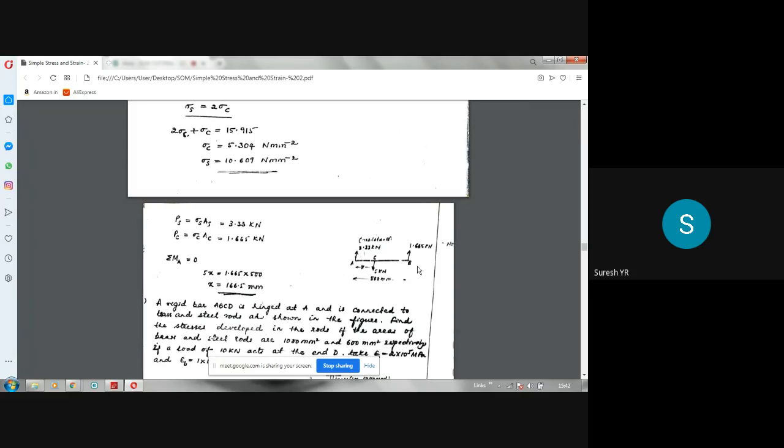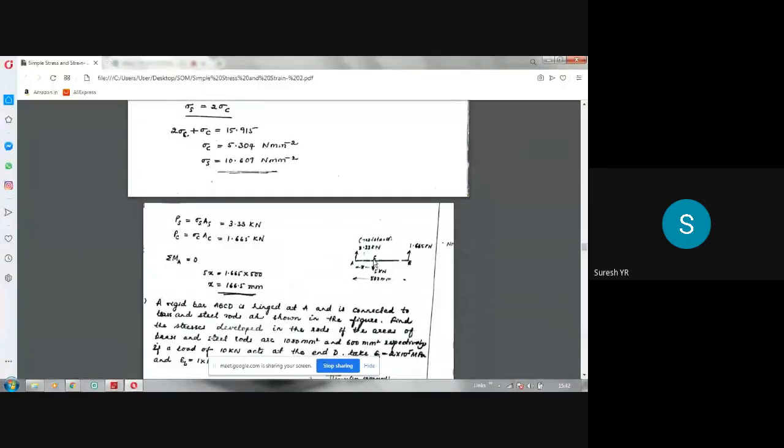In other words, the total clockwise moment and anti-clockwise moment should be equal. If you take point C as reference, 3.335 into X should be equal to 1.665 into (500 minus X). You will get the same answer. The X distance is 166.5 mm.